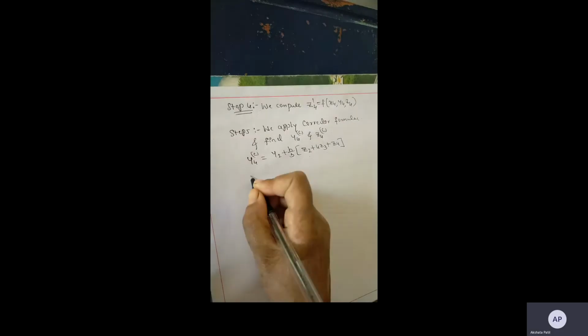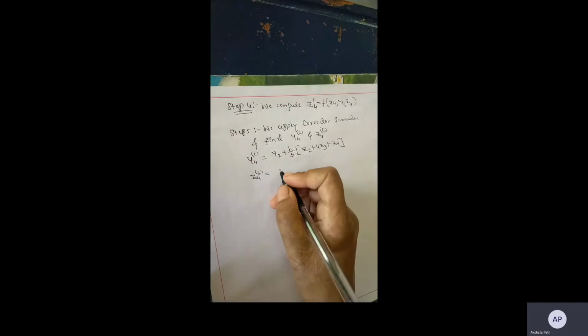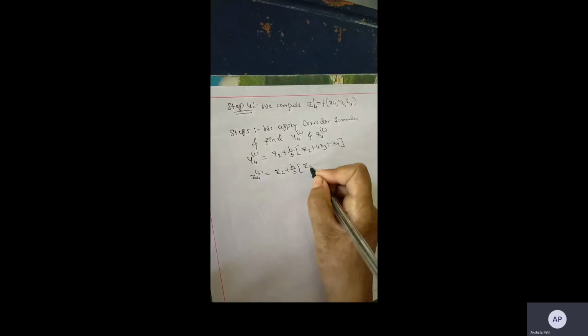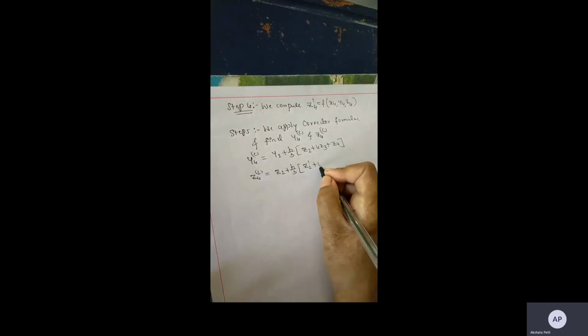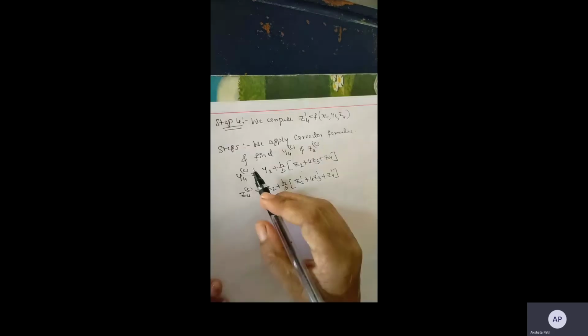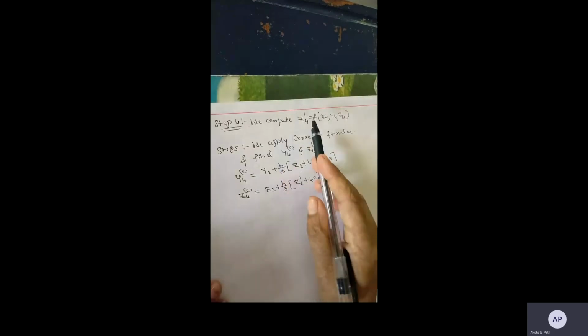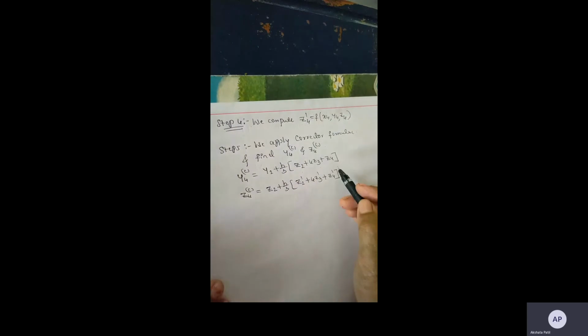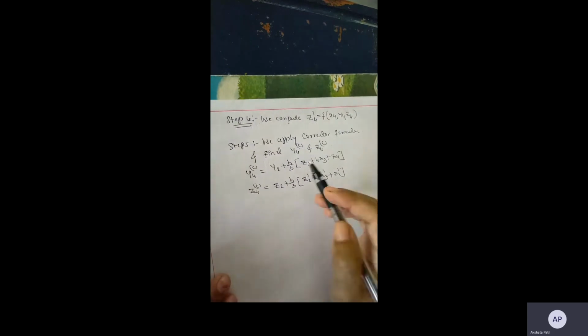And z4 of corrector formula, z4 of c, is z2 plus h divided by 3 into z2 dash plus 4z3 dash plus z4 dash. So in step 5, after calculating the z4 dash value, we use this z4 dash value in the corrector formulae.